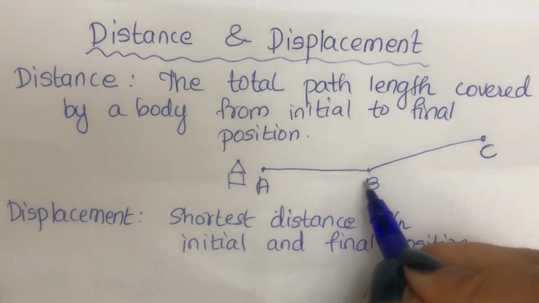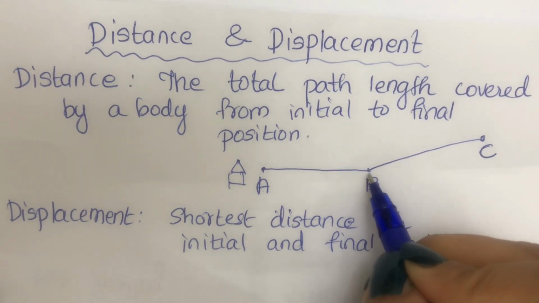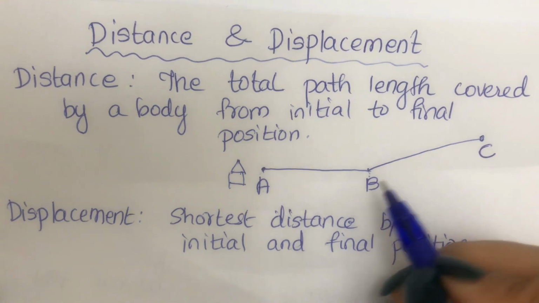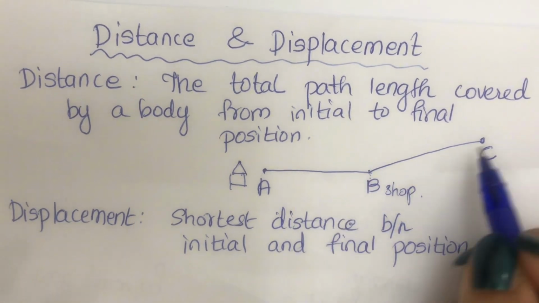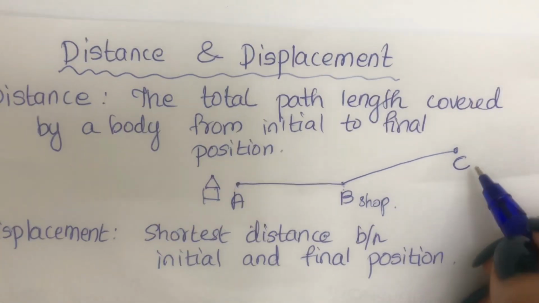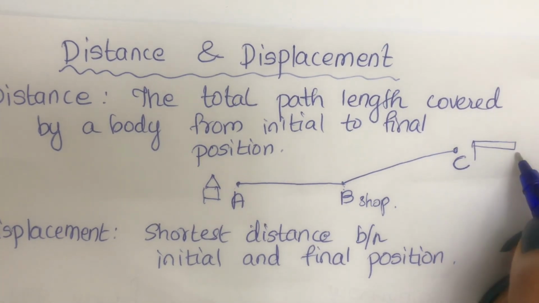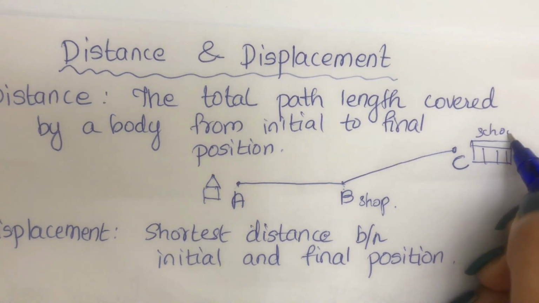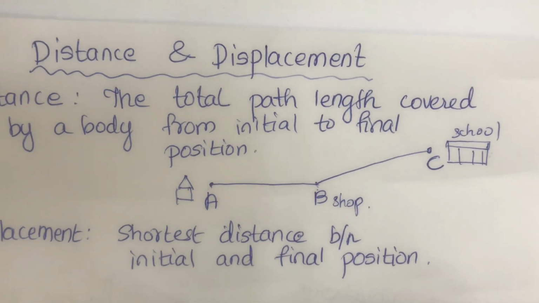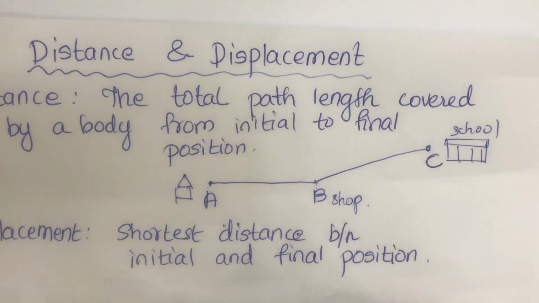Okay, you went to a shop to buy a chocolate or pen or something. Okay, this is a shop. And then you went to your school. So what is the distance covered here?